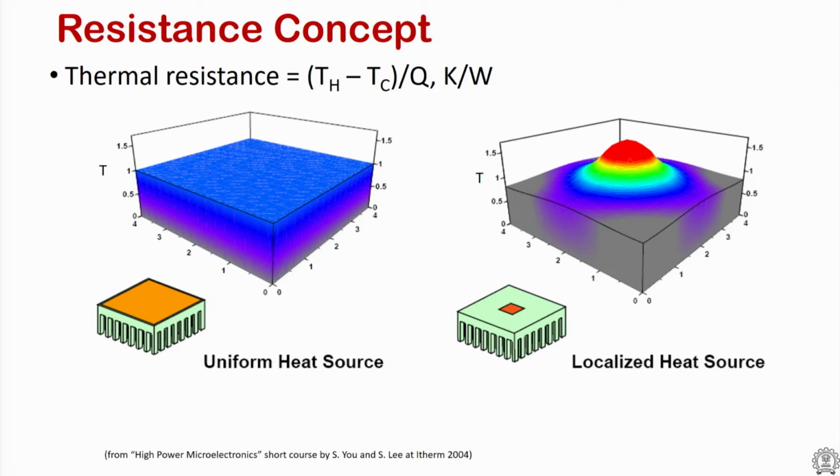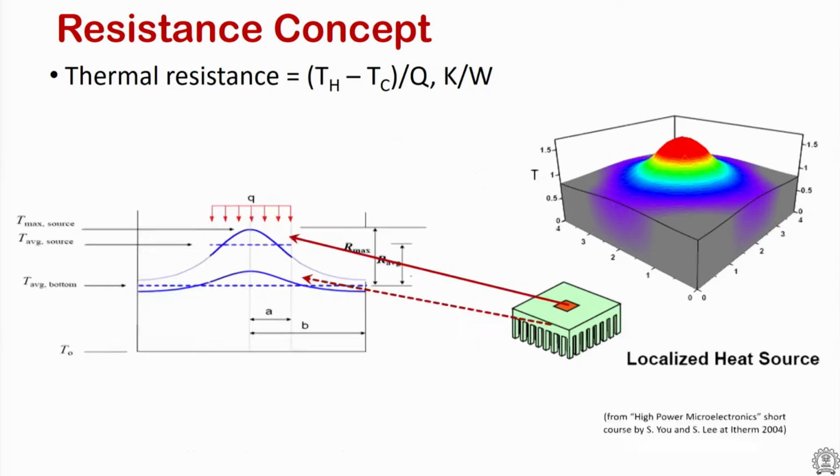So to be accurate, one always defines the resistance as the hot temperature, which will be the average temperature of the heat source, minus the ambient temperature or the T cold, divided by the power dissipated by the heat source. So, to give you a perspective, here is a picture of the same smaller heat source and some temperature profiles.